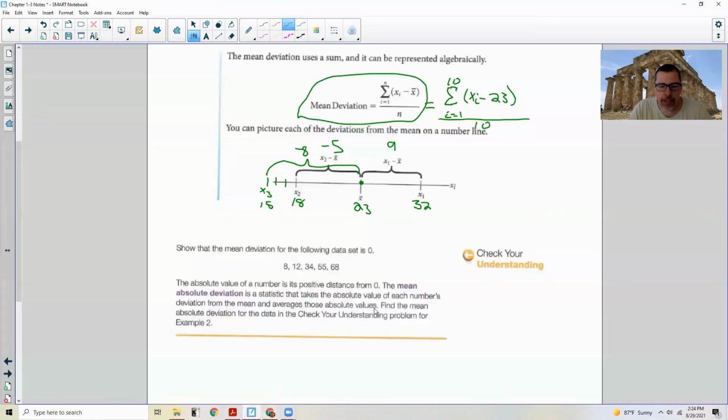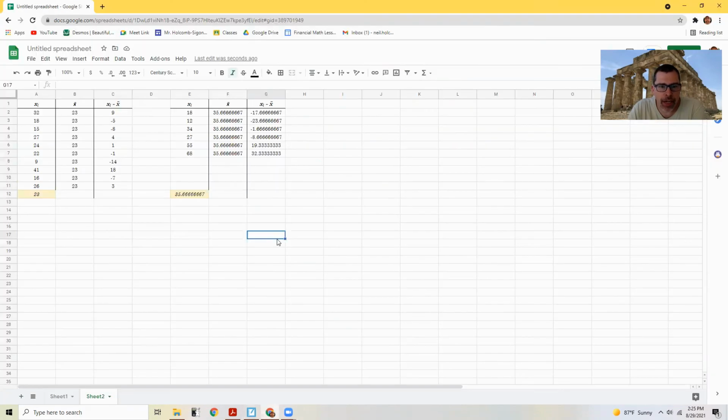So then we go back here, we're looking for the mean deviation. So the mean deviation is the sum from 1 to n of x sub i minus x bar, divided by the number. So now all I have to do is create a new cell here and say that that is going to equal the sum of all of these.